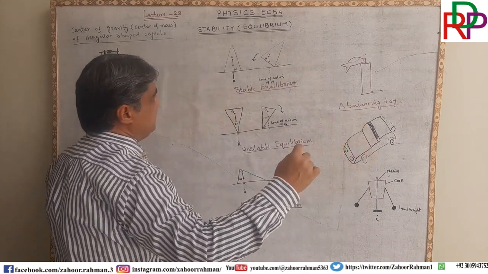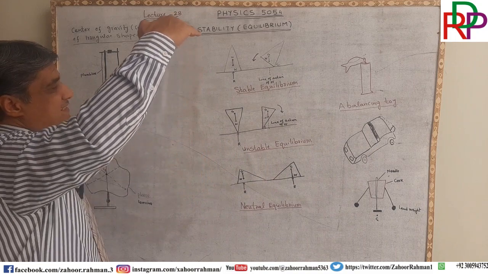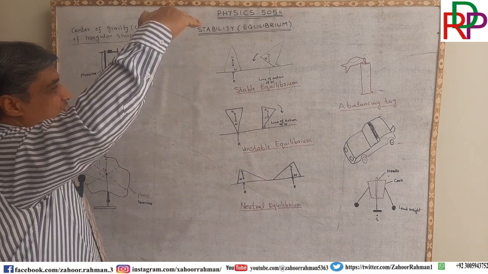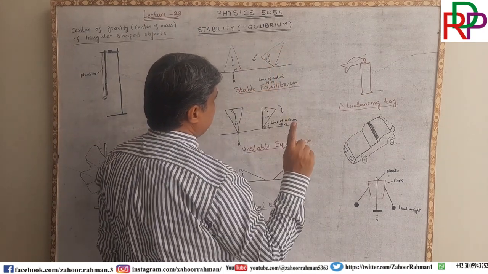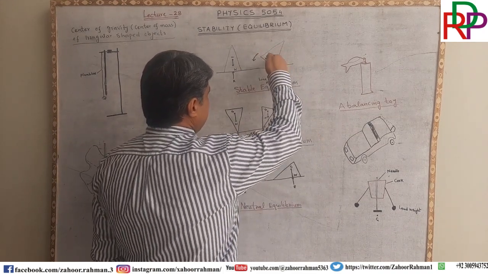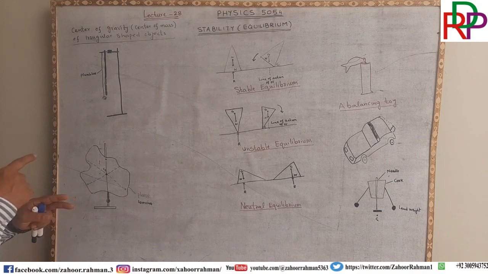Ladies and gentlemen, one thing we noted that the center of mass is rising and then it is falling down. One. The second one is that the line of action of W remains inside the base area.